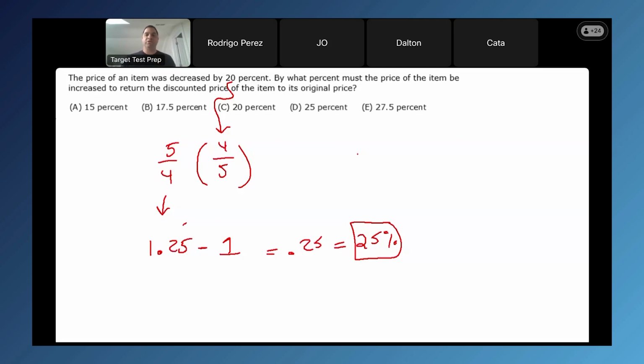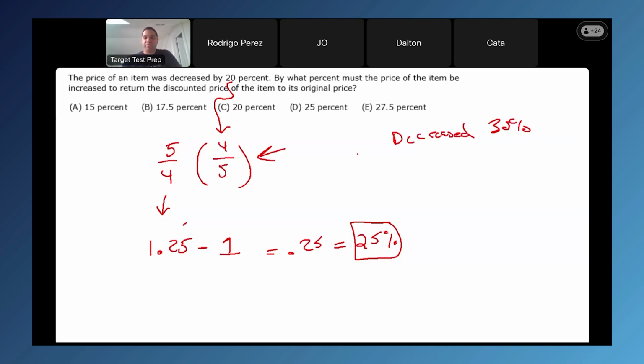Yes, what was just said, so it's reciprocal logic with the increase. So if something is decreased by 20%, you put it in a fraction form and you say, well, what do I have to increase it to get it back to where I started? It's just the reciprocal. So if something is decreased by 30%, then that's 0.3 or 3 over 10, right? 7 over 10.